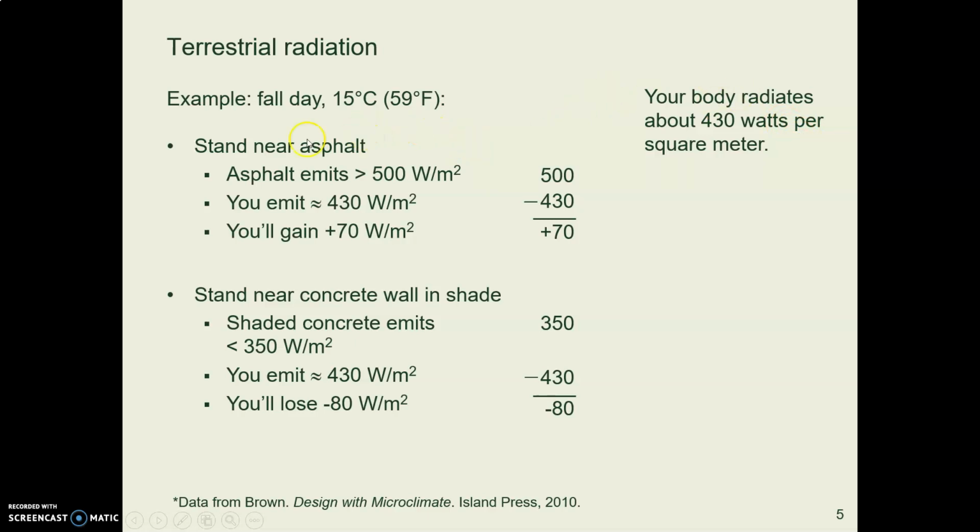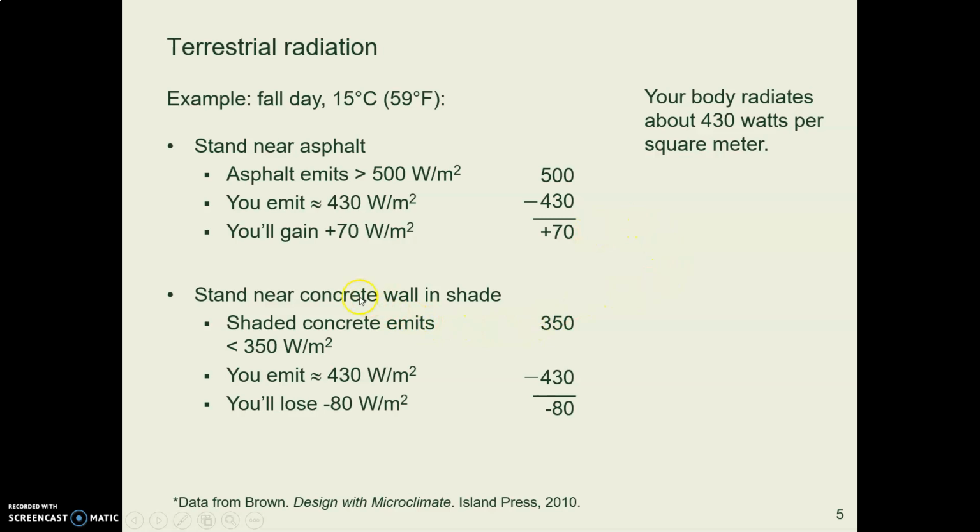So you're walking around outside and you go stand on some asphalt that's out in the sun. That asphalt is giving off radiation at a rate that's somewhere above 500 watts per square meter. Well, you only give off 430 watts per square meter. So you are giving off 70 watts less than the asphalt. The asphalt is giving off more. You're going to feel warm.